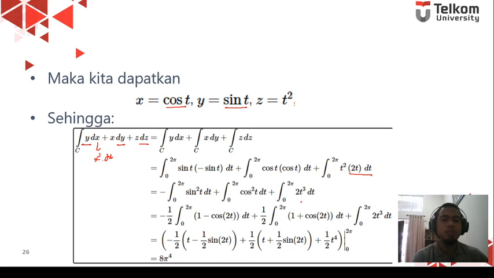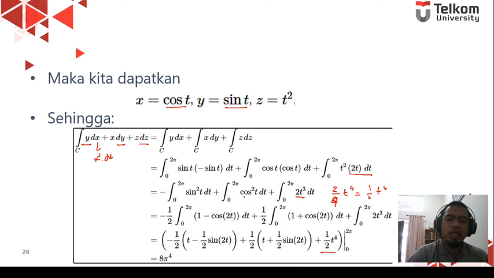So 2t times t. So we get the result: minus sin squared t dt plus cos squared t dt plus 2 times t to the power 3 dt. This integral, the easiest one, 2 over 4 t to the power 4, or equal to a half t to the power 4. So we get this result, a half t to the power 4.